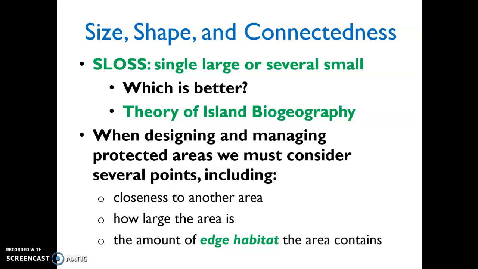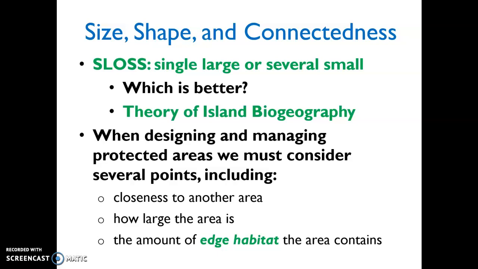So let's picture several islands. I wish I could draw them on the board for you here, but we're doing this remotely. So maybe draw for yourself a couple of tiny islands off of the mainland. And then maybe draw one big island off the mainland. So with a bunch of tiny islands, we have more edge habitat. So that would be a positive thing.